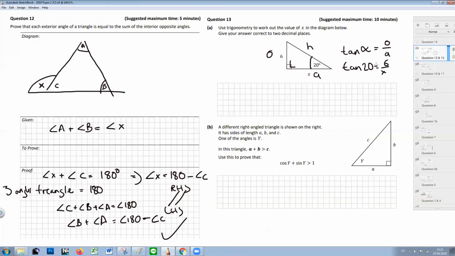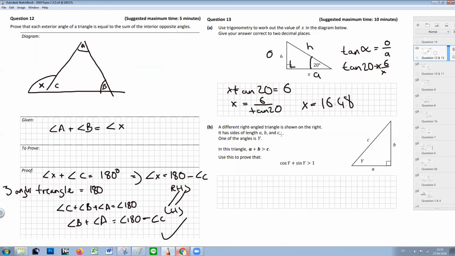So cross multiply them. So x tan 20 is equal to 6. X is equal to 6 divided by tan 20. So x is going to be equal to 16.48. And we're not told any units, so 16.48 will be fine.